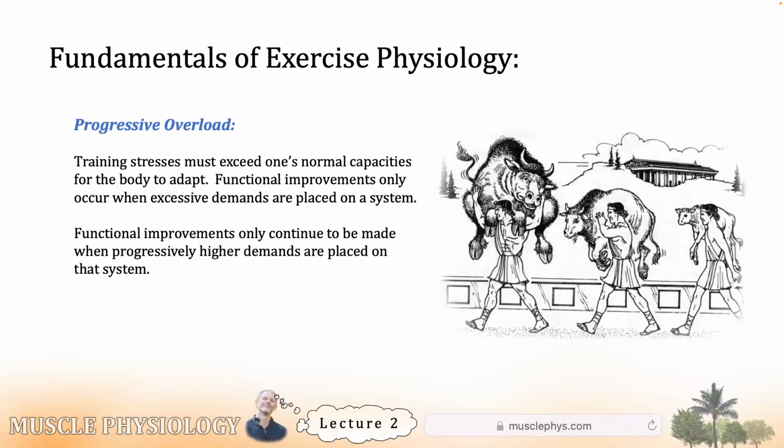Now, the progressive overload principle is similar to some of these other notions of adaptation we've been talking about here. The amount of stress or load applied to your tissues must exceed a threshold to result in adaptation. And with training, the threshold will get higher and higher and higher.